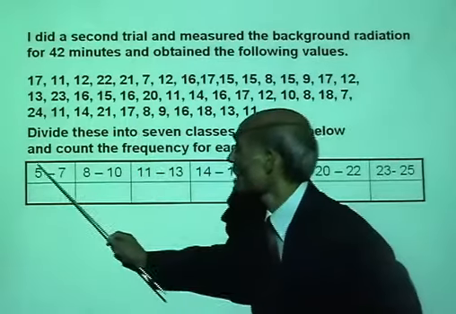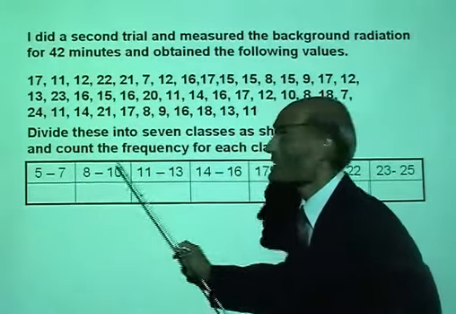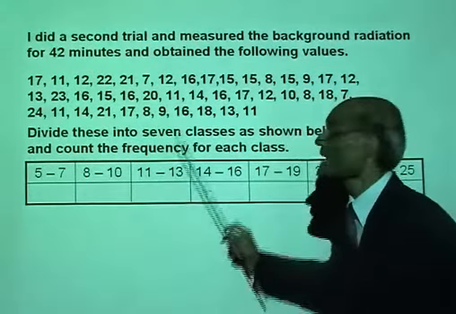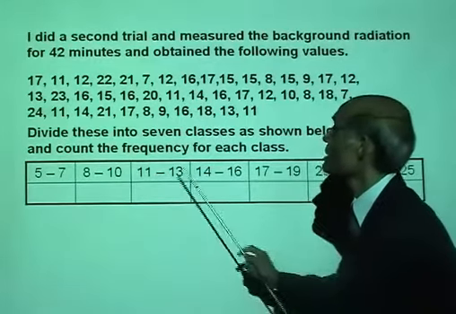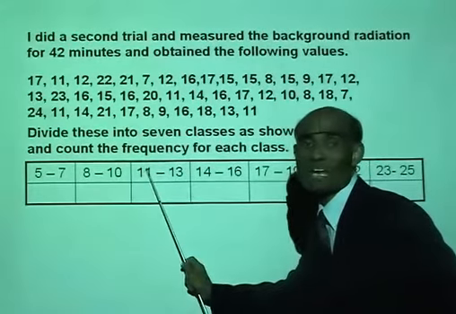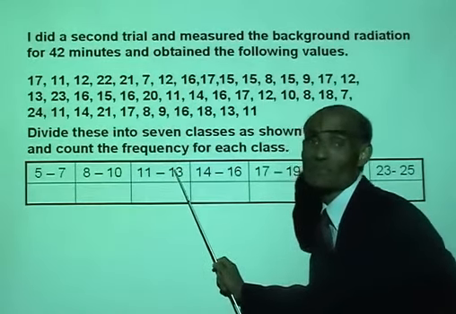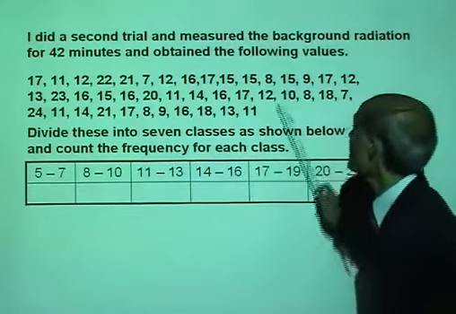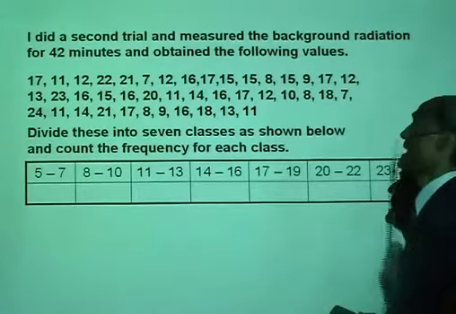I've given you the classes. How many values are between 5 to 7? How many between 8 to 10? How many between 11 to 13? When I say between 11 to 13, both those numbers are included. How many are there from 14, 15, 16? How many are there 17, 18, 19, and so on?